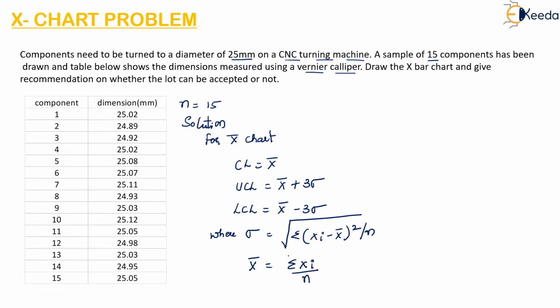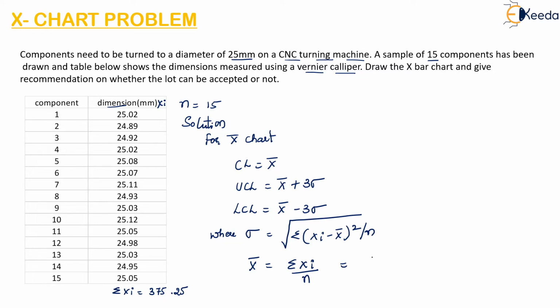So we know the n value. Now we need the summation of xi. The dimensions which they have given are nothing but xi. Adding up all these values, we get summation of xi equal to 375.25.